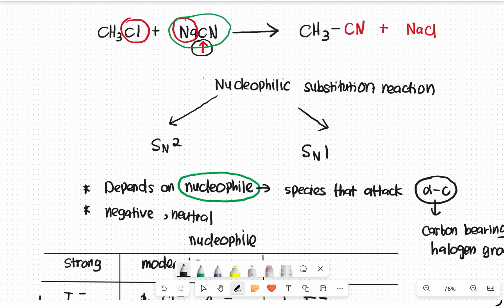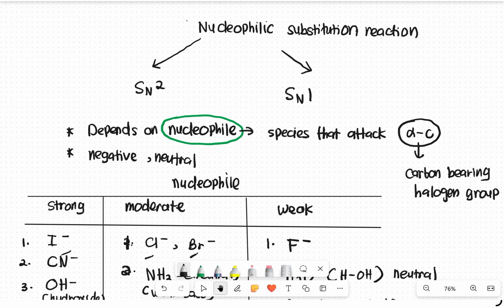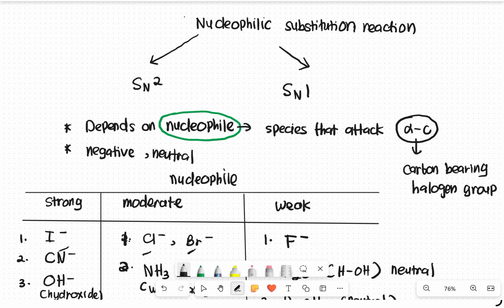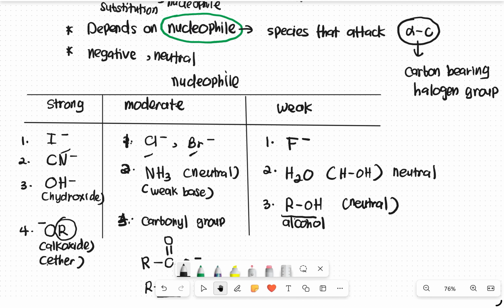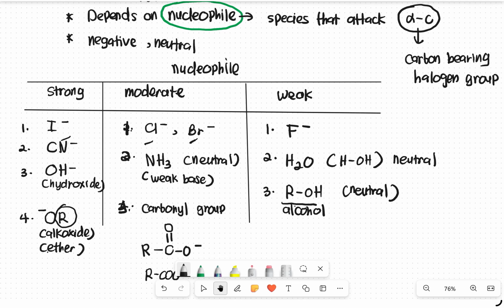And how do we identify whether it undergoes SN2 or SN1 reaction? S means substitution, N means nucleophilic. Nucleophilic substitution reaction under 2 or 1 depends on the type and the class of nucleophile.